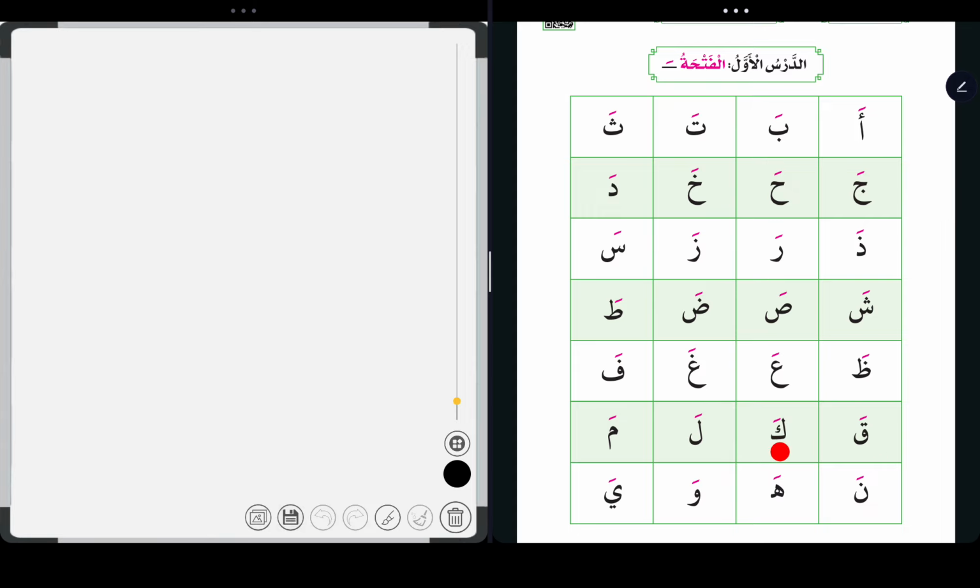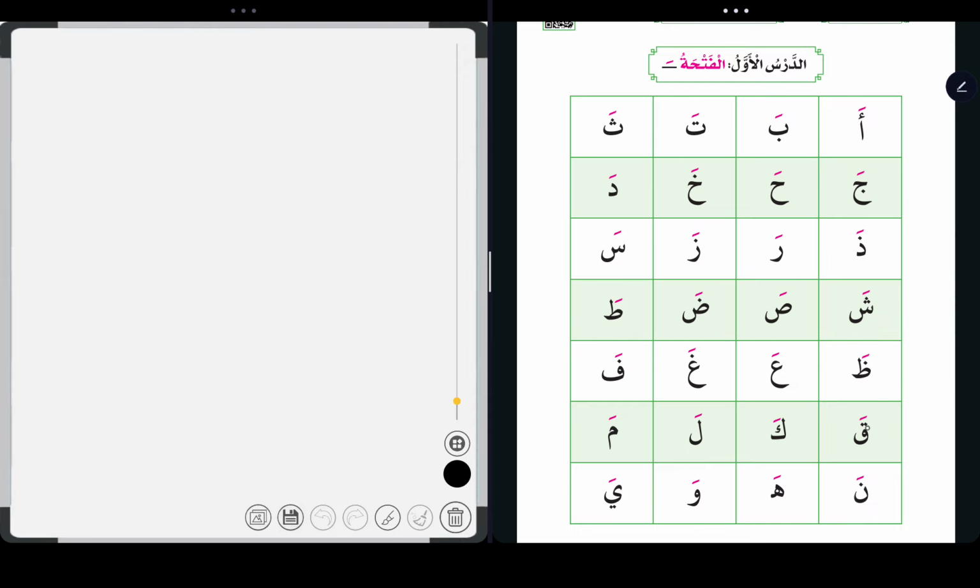And the letter kaf, when it has fatha, becomes what? Ka, ka, ka. So here we have qa, ka. The same way when we want to pronounce the name of the letter itself, it is qaf, kaf.